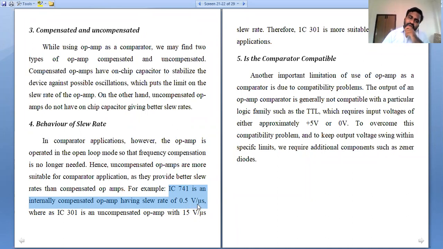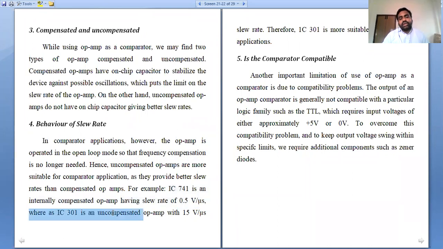That is a very small slew rate. An uncompensated integrated circuit has 15 volts per microsecond.